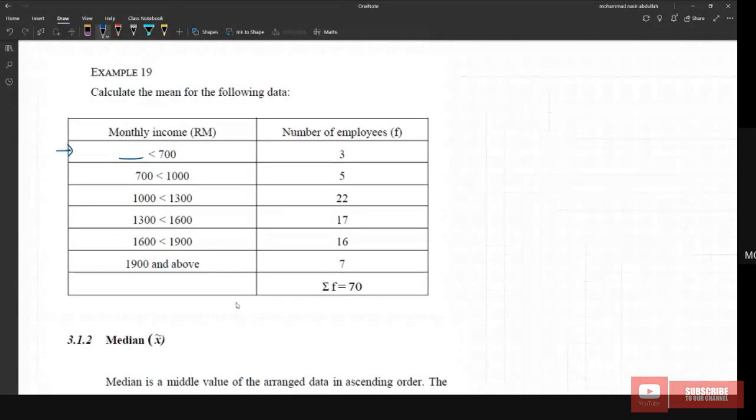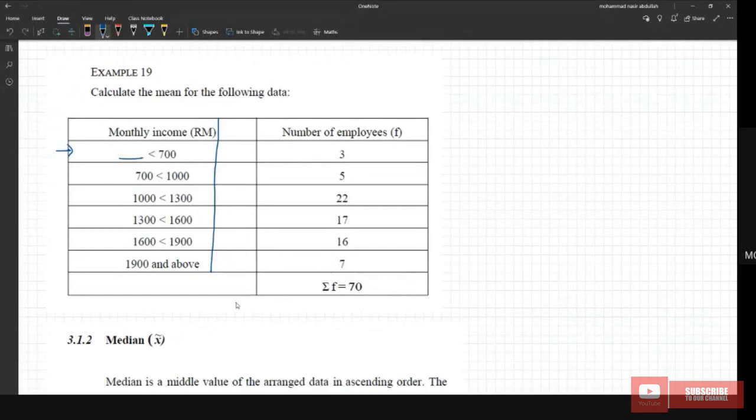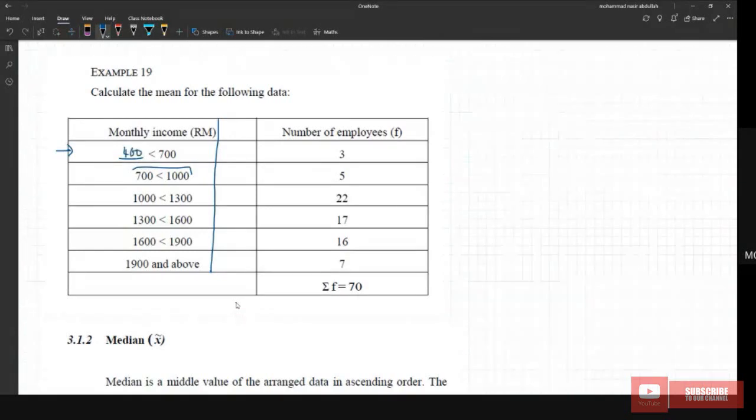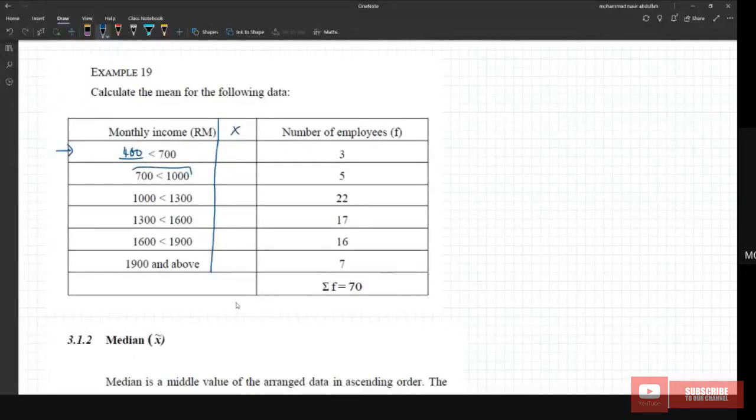So remember, in our subject here, we are using the same class size. So if the class size here is 300, so it should be equal to sini berapa? 400 lah. So 400 plus 700 divided by 2. It should be 550.